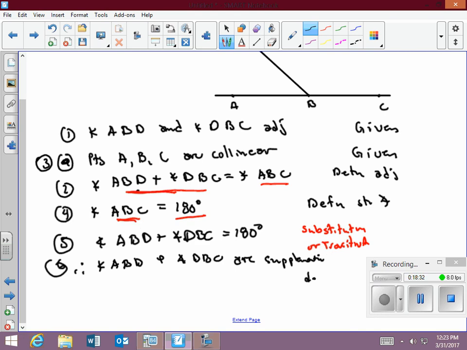By definition of supplementary angles: angles whose sum is 180 degrees.